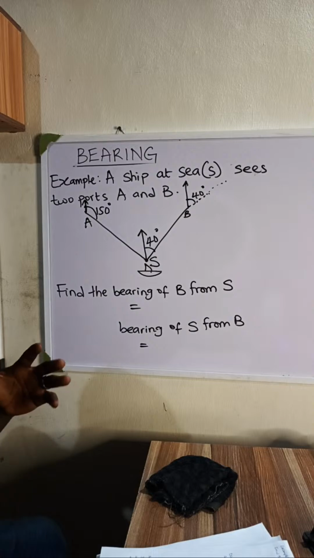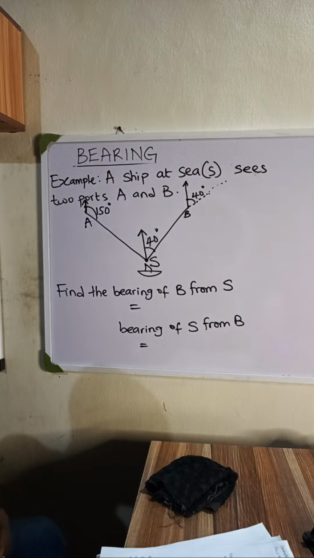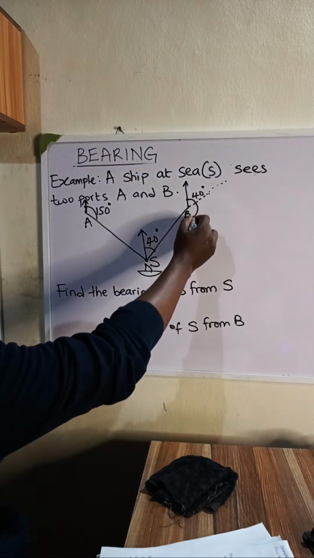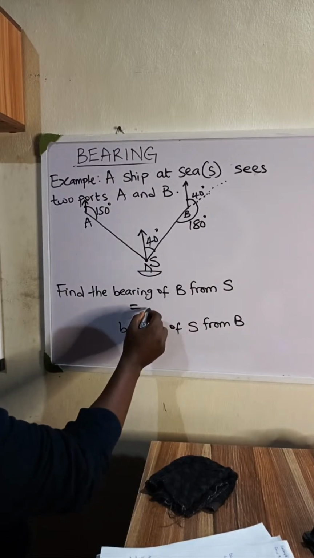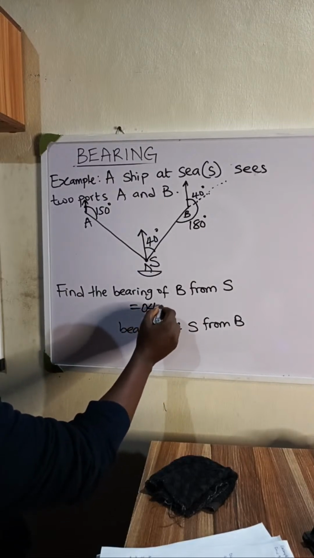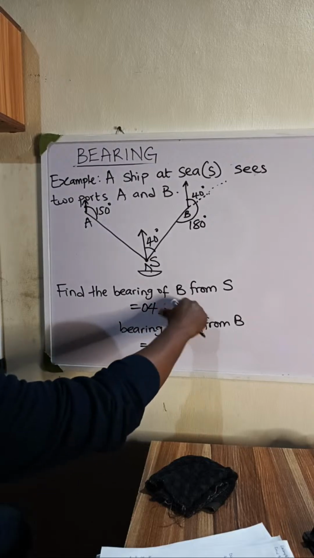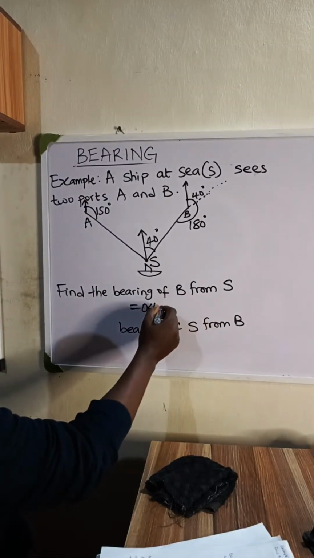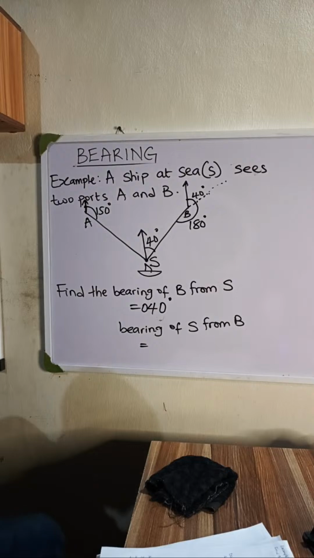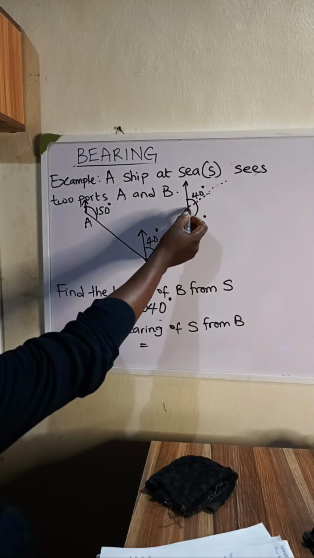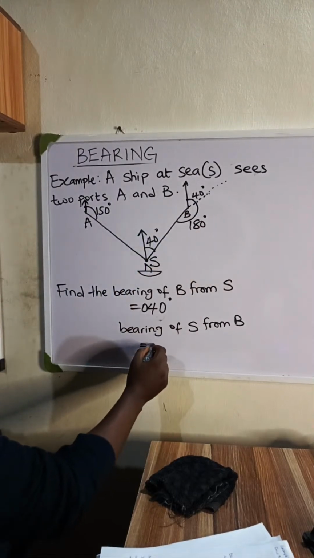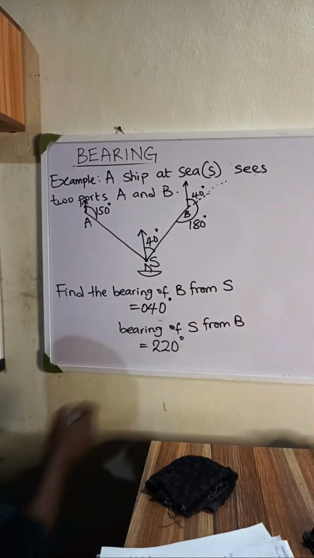So B from S was already given, which is 40 degrees. And then S from B, all we need to do is add this angle on a straight line, which is 180 degrees. So S from B is 40 plus 180, which is 220 degrees.